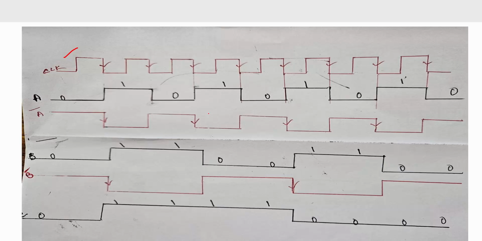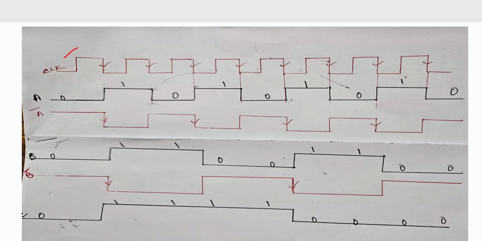And again you have to mark B complement, because B complement output of the second flip-flop is going to trigger the third flip-flop. So here B is 0, you have to mark high here, and here it is high, means you have to mark 0 in case of B complement. Just take the complement of B and draw the timing diagram for B complement and mark the negative edge of B complement like this.